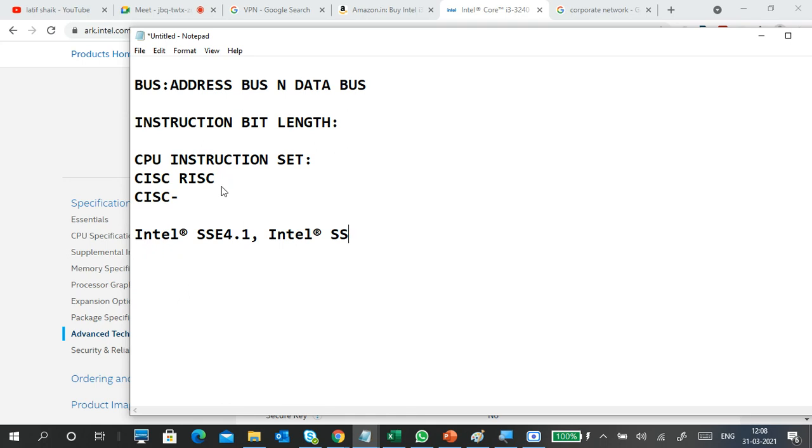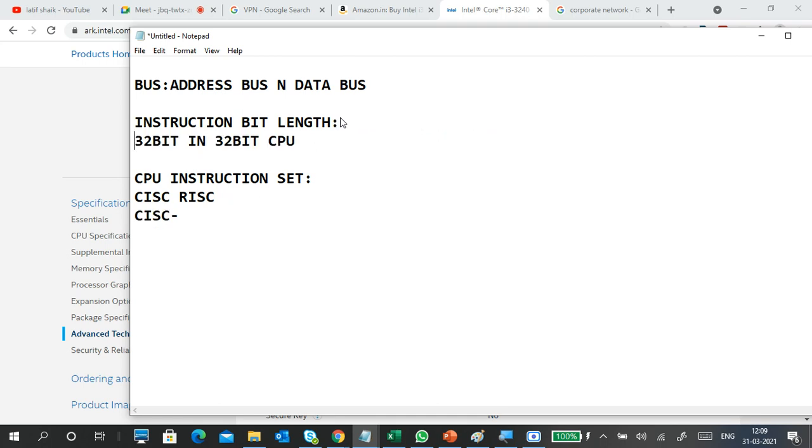So every CPU has its own instructions inside, as well as we are giving instructions, so then it will understand our instructions. This instruction set length is 32-bit in a 32-bit processor, and 64-bit in a 64-bit processor.